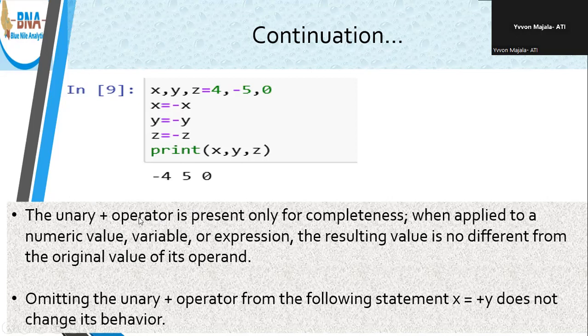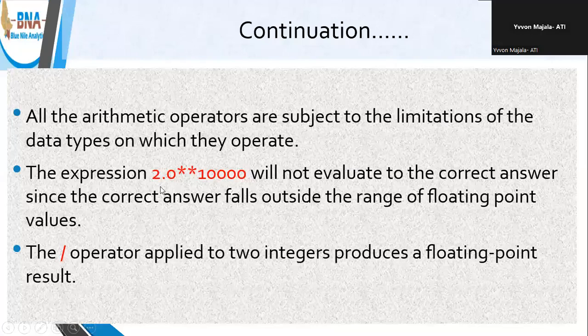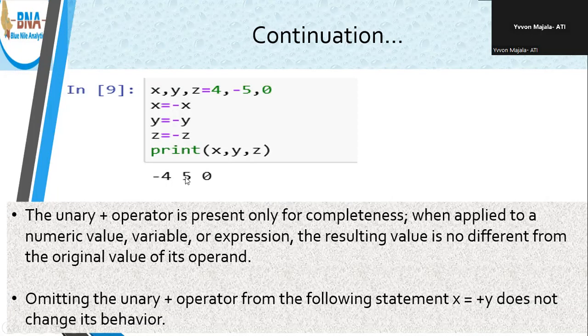Unary plus operator is present only for completeness. So this plus here, like here 5, you can choose to write plus 5 or 5. It doesn't make any difference.